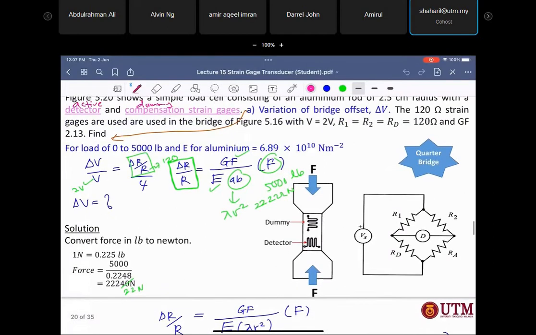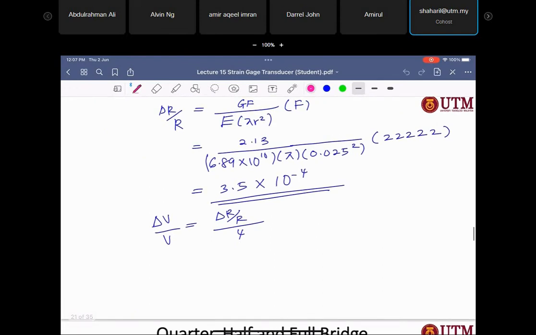Strain gauge. Okay, so let's recap what we have learned about the strain gauge. You just need to memorize the formula, right? So what do we have? Stress equals F over A, the force. Sometimes we write F as the P symbol.